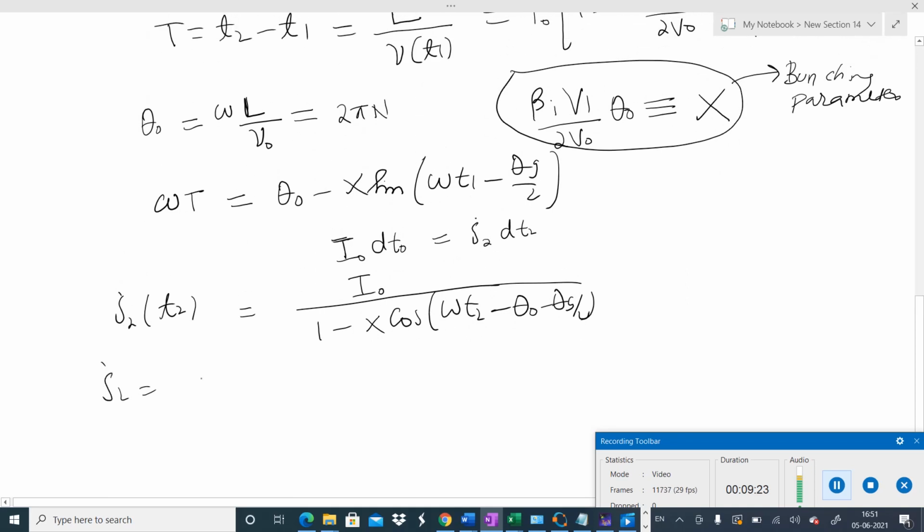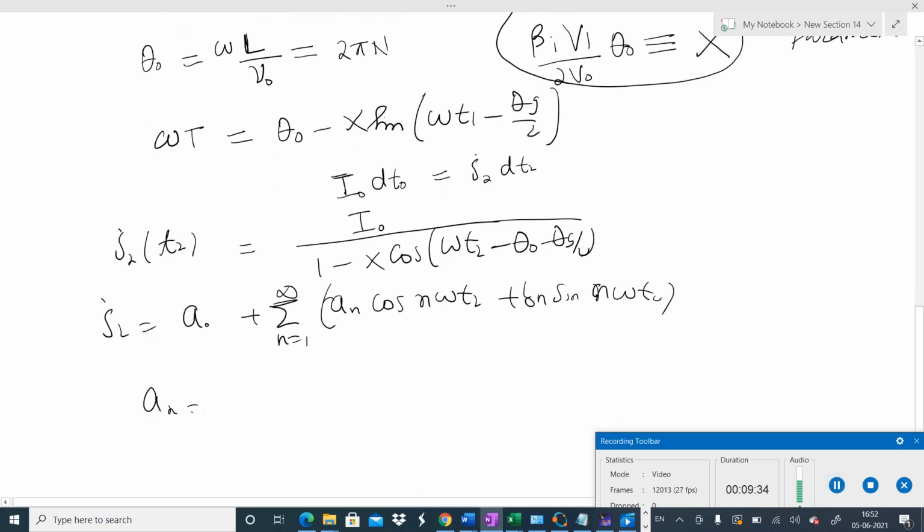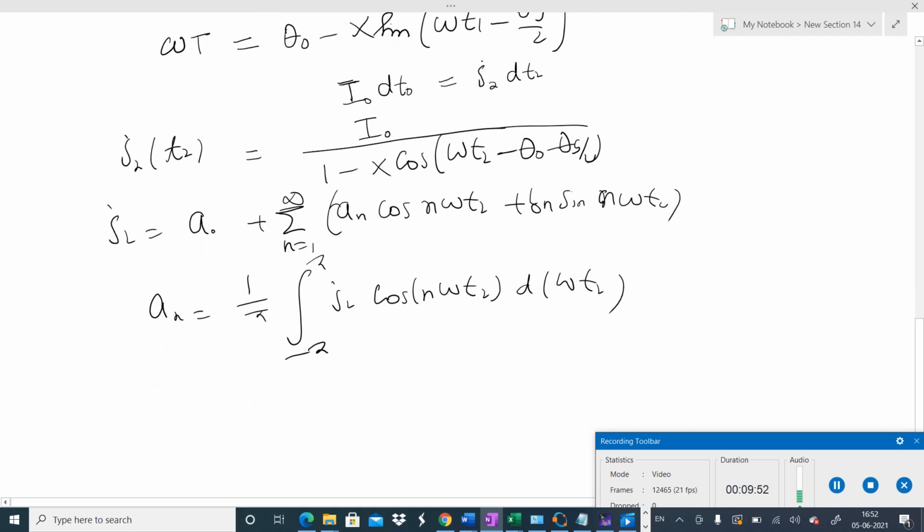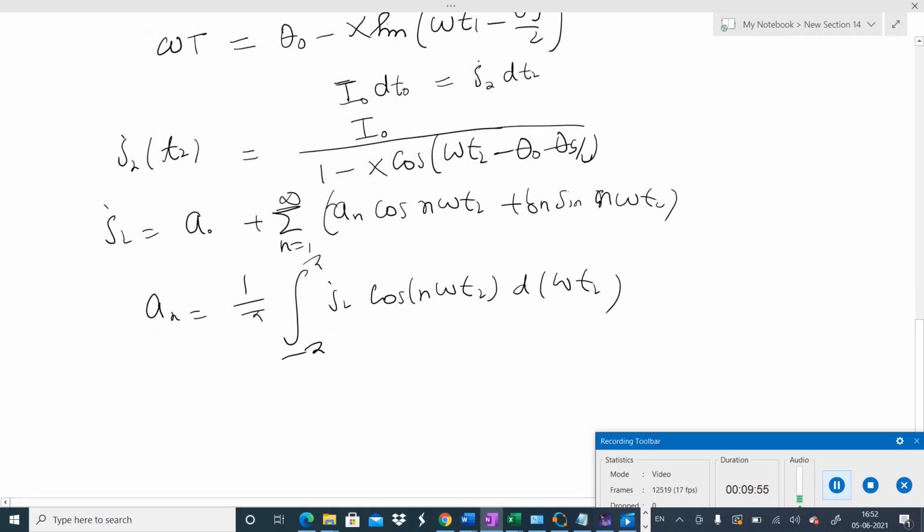So it can be expressed as a Fourier series. I2 can be written as some Fourier constant A0 plus the sum from n equals 1 to infinity. You know how to compute these constants; they are the usual integrals from Fourier series concepts, similarly for Bn. Finally, this was expressed in terms of Bessel functions, details of which are given in the other videos.